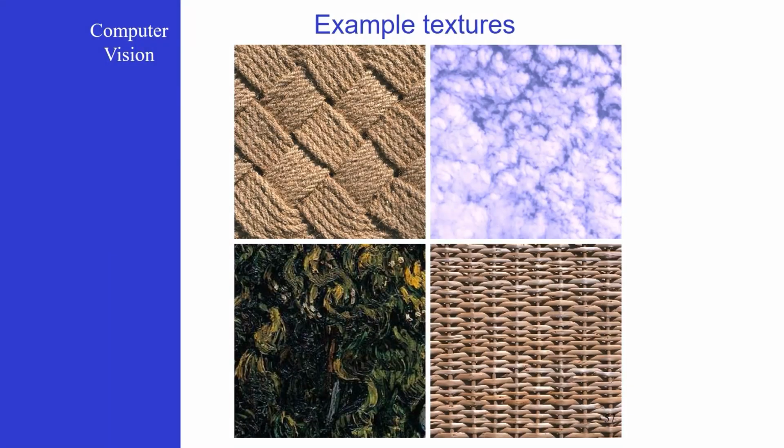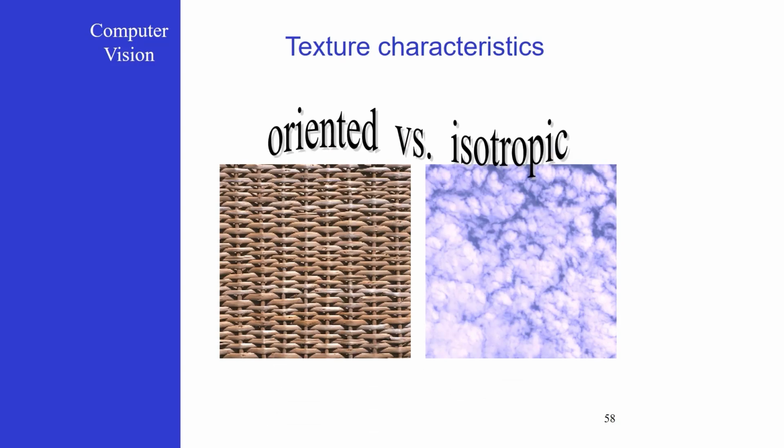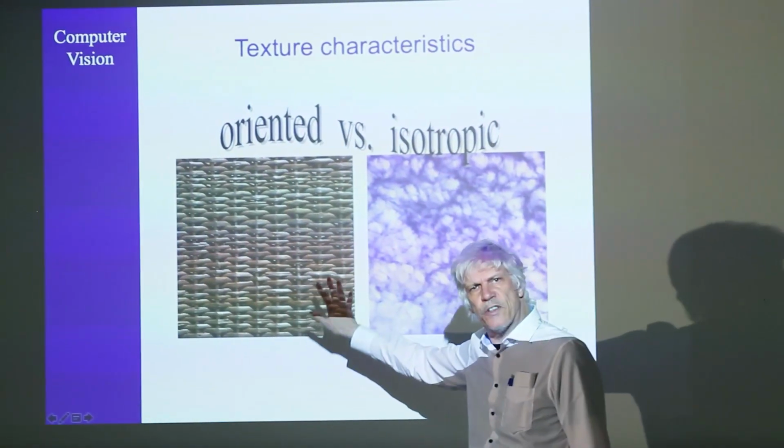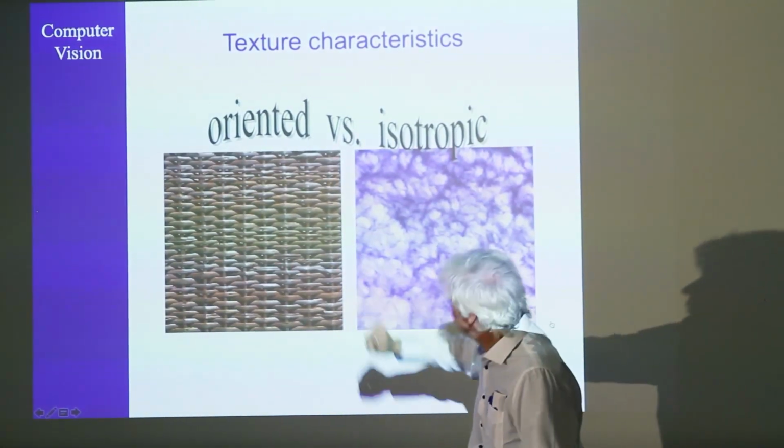Here are some examples of different textures. And you can start to think of features by which you can describe them. Here's some intuitive examples. For instance, the texture on the left is quite oriented. We have these dominant orientations, horizontal and also a bit vertical.